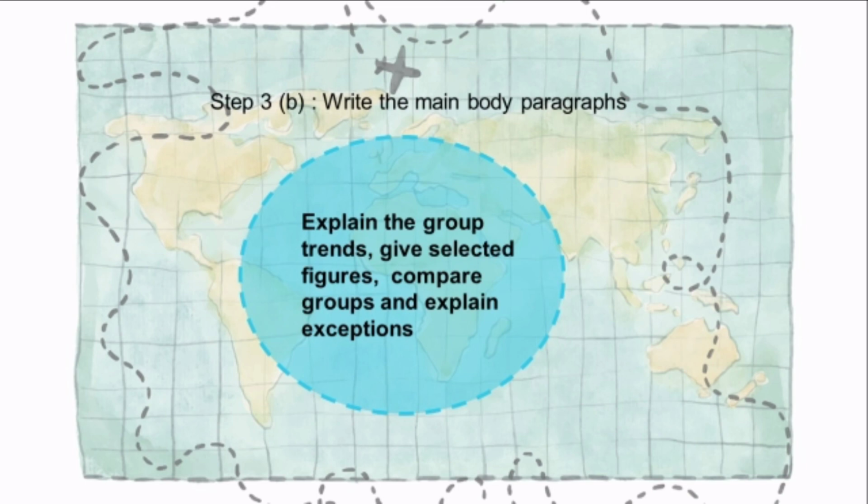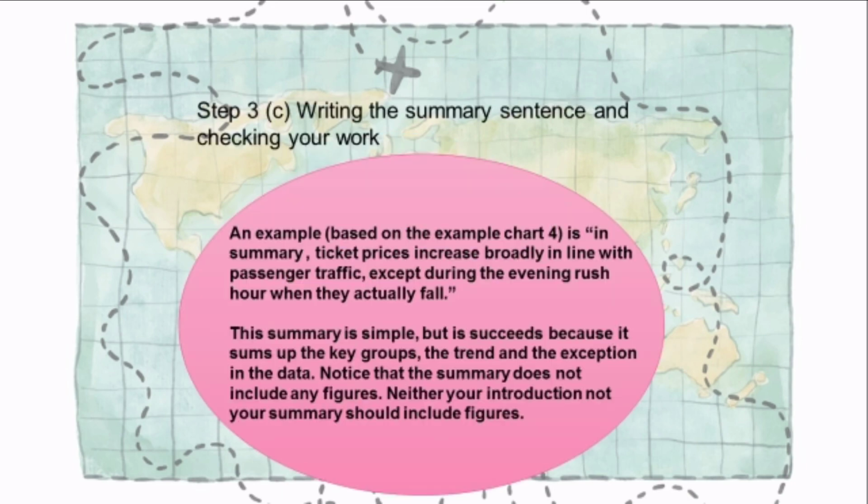Next, step 3, Part B, write the main body paragraphs. Explain the group trends, give select features, compare groups, and explain exceptions. And the last, step 3, Part C, writing the summary sentence and checking your word. An example based on the example chart 4 is: in summary, ticket price increased broadly in line with passenger traffic, except during the evening rush hour when they actually fall.